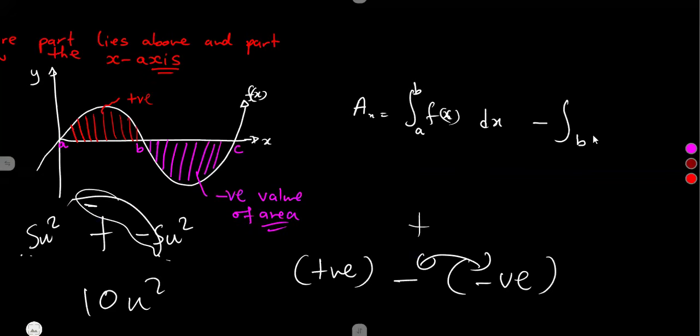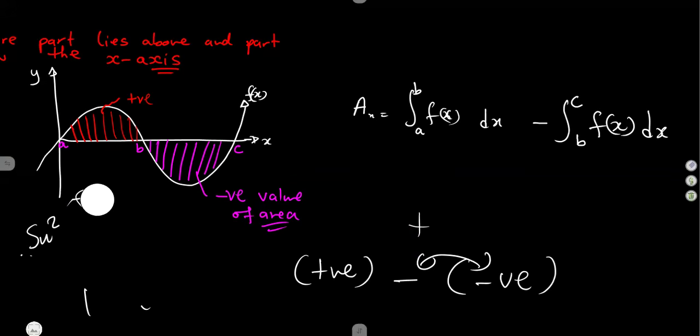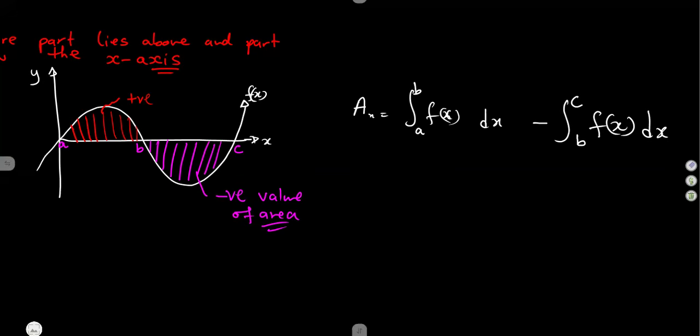So our limits now are B to C, of that same function that you have been dealing with, that you have been integrating. It is only that we are starting from A to B, then from B to C. So this is our condition.